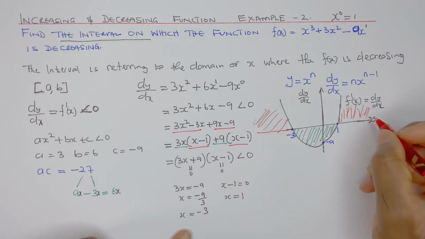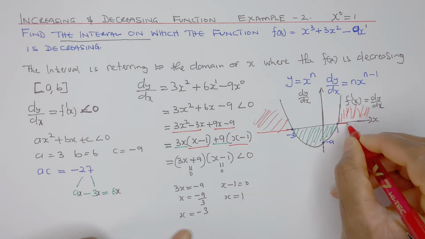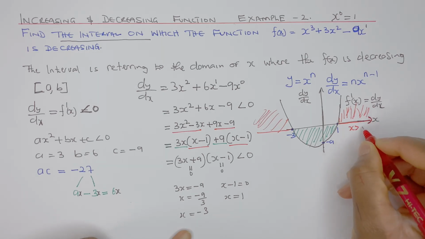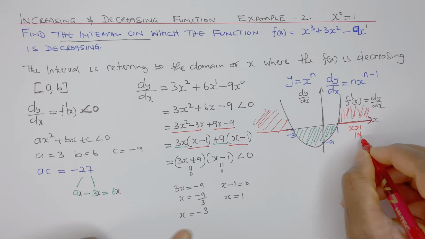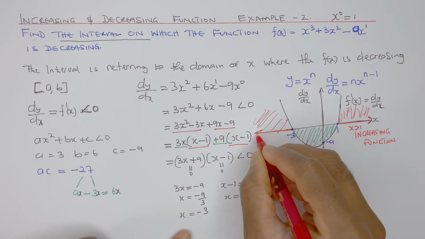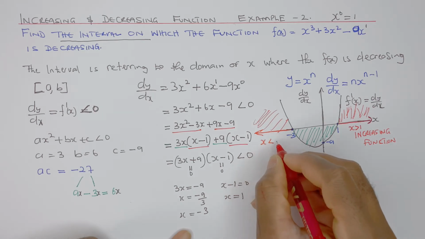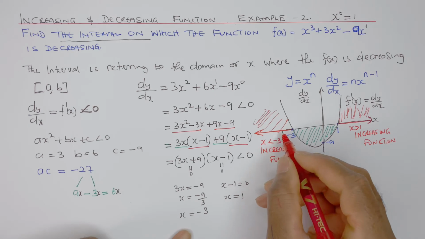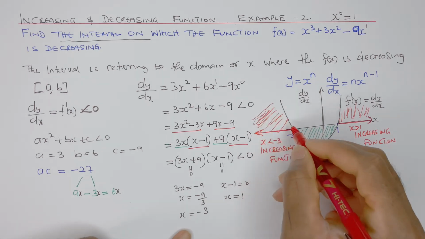So we can see here when x is greater than 1, it is an increasing function. And when x is less than minus 3, it is an increasing function. You can see that because this value of dy/dx is higher than 0.